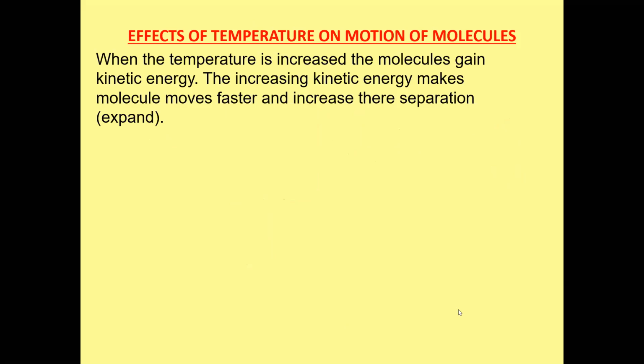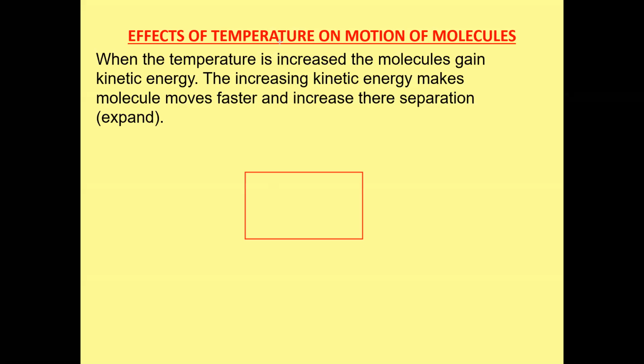So when the temperature is increased, the molecules gain kinetic energy. When you supply energy, the molecules will have more kinetic energy, so the particles will move faster and they will move away from each other.